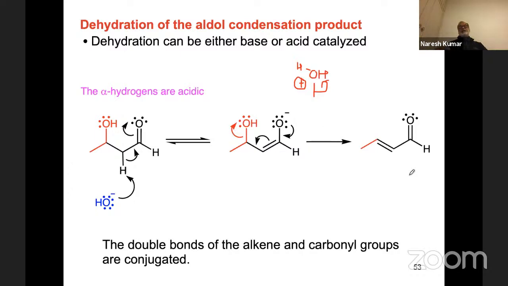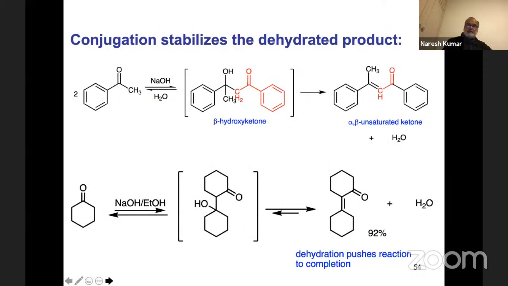So this dehydration or removal of the hydroxyl group can also happen in the presence of acid or base, leading to the formation of this alpha beta unsaturated carbonyl compound.